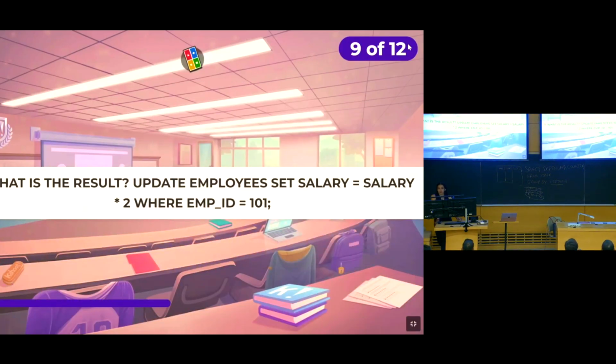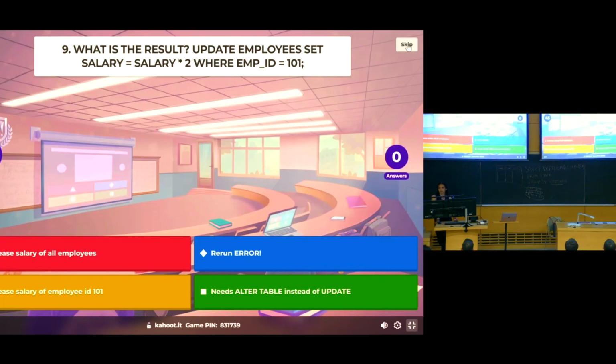What is the result of this query? UPDATE employees SET salary multiplied by 2 WHERE employee ID is 101.